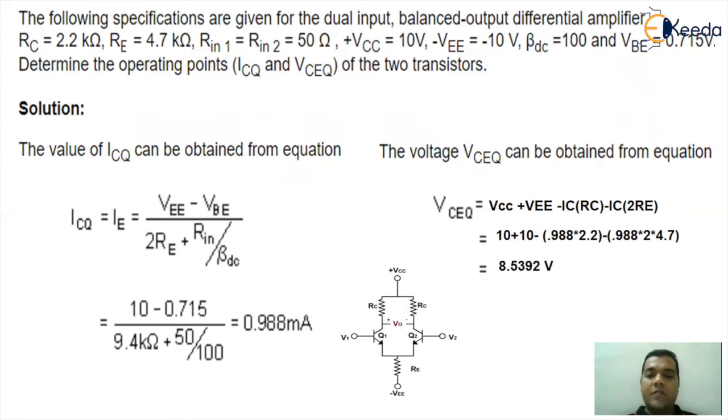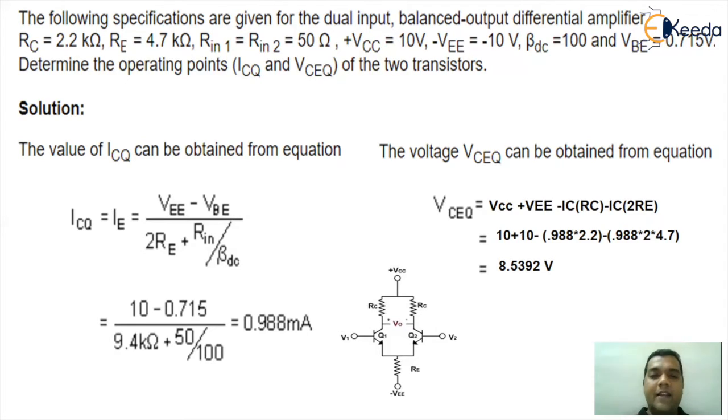Since it is a balanced input, balanced output configuration, with respect to the center imaginary line, I can easily observe that the left hand side circuitry and the right hand side circuitry will be the same. If I analyze any one side, it gives me the result for the other side. For the calculation, I will apply KVL to the input loop.